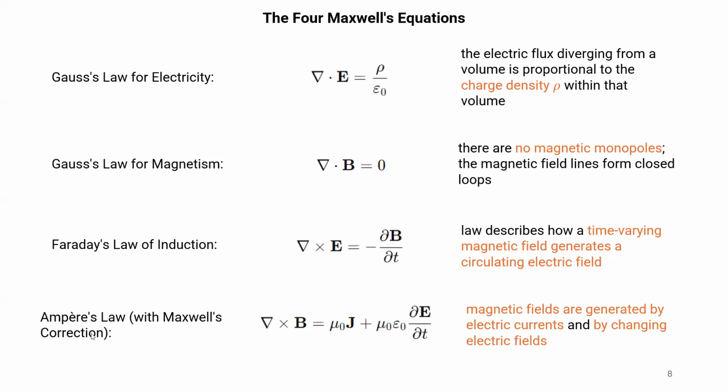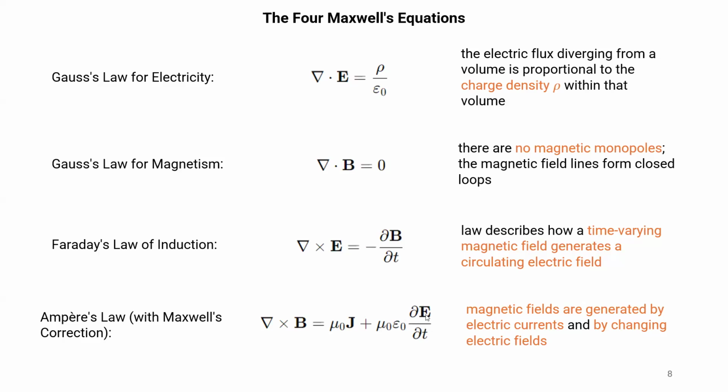Similarly, to the last Maxwell equation, Ampere's law, here we have on the right side the change of electric field and the curl of magnetic field on the left side.